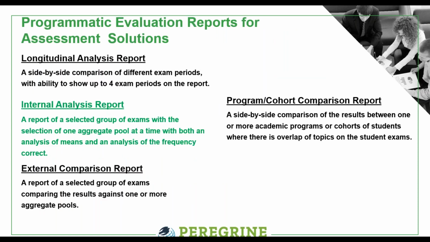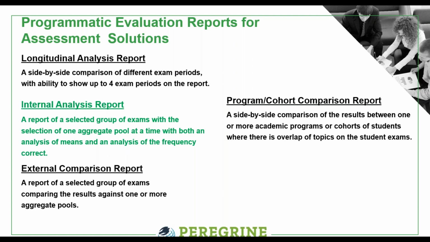The next category of reports is our programmatic evaluation reports. And so the first one is the longitudinal analysis report. So with that, you can enter in up to 4 different time periods. So for your accrediting body, they may want to see a certain number of data points.